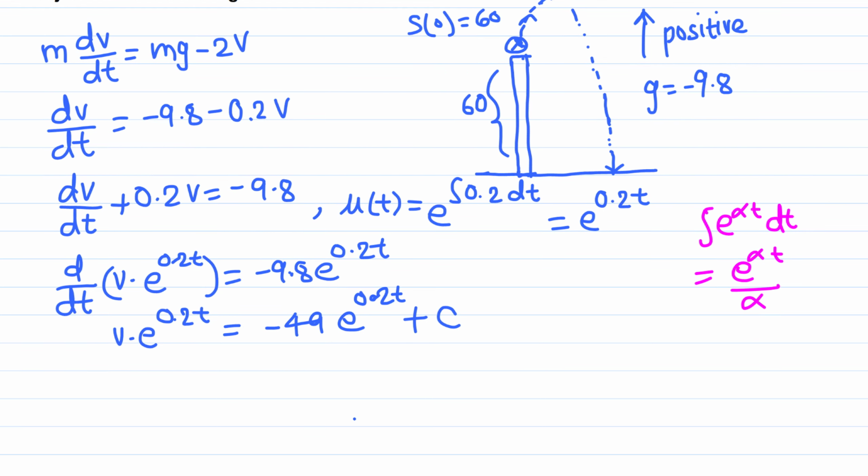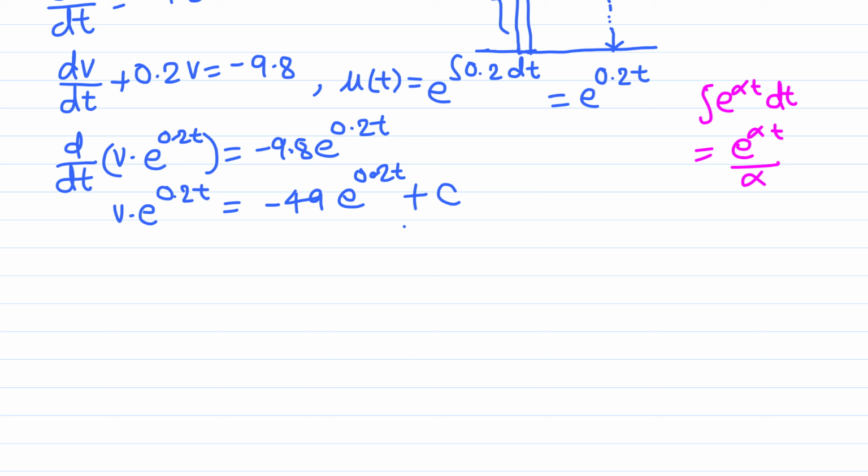Now we divide both sides by this integrating factor, and we are left with just v, because we want to isolate it. V is a function of t, in fact. V equals negative 49 plus c times e raised to negative 0.2 t.